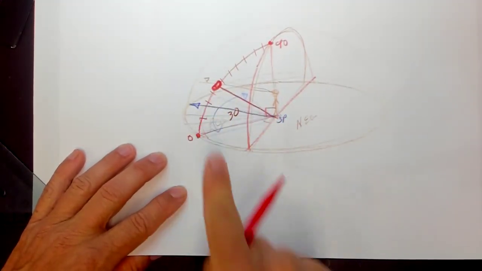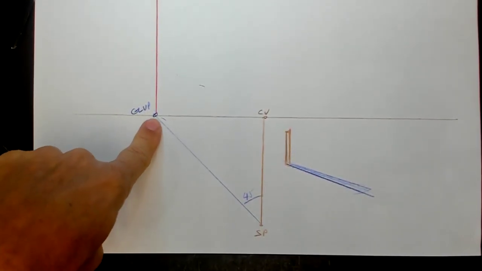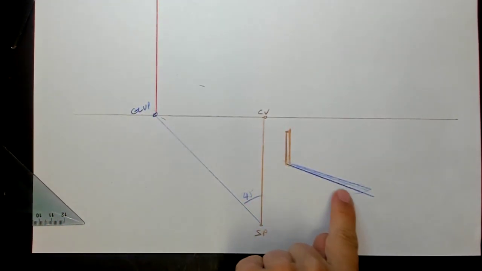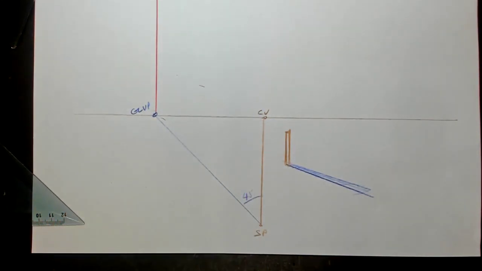But we can't just do this. This doesn't really make any sense anyway in this diagram. So this is just like a vanishing point, really just like any other vanishing point. It draws lines that are at a 45 degree angle to lines that go to the center of vision.